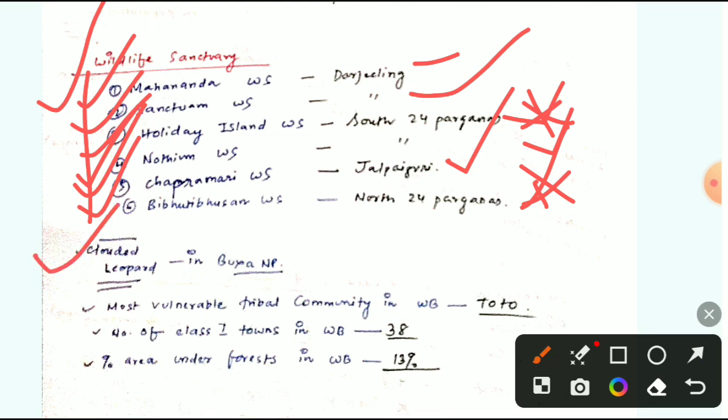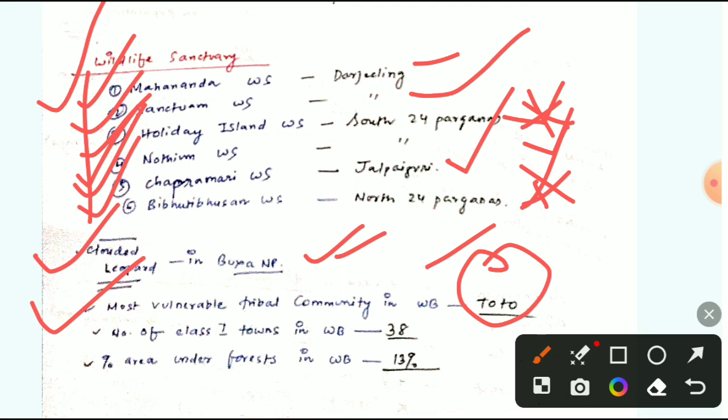Clouded leopards are found in Buxa National Park. This is also an important point you have to know. The most vulnerable tribal community in West Bengal is the Toto, and they are in an endangered condition, and it is in Alipurduar district.